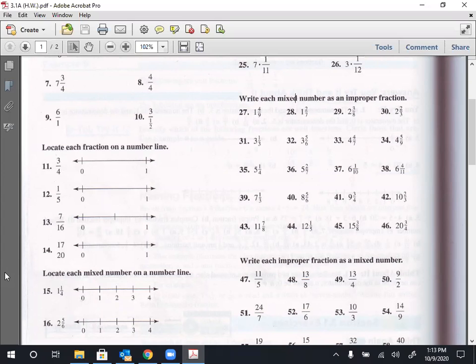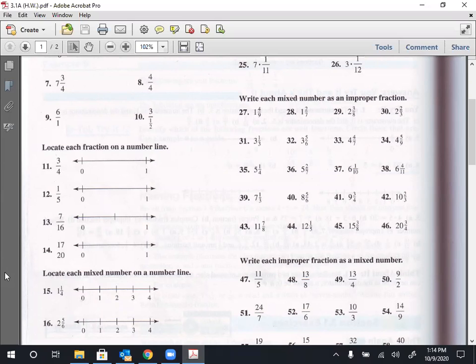So what is your answer for 27, Louise? So 1 times 9 is 9. Yes. Plus 4. 9 plus 4 be 13. And that's 13 over 9, right? Yes. How about, let's do 31.